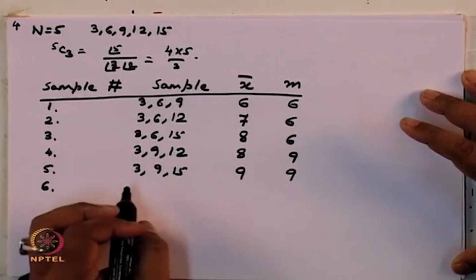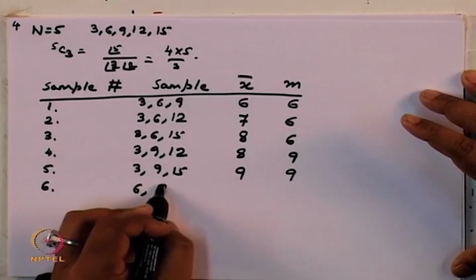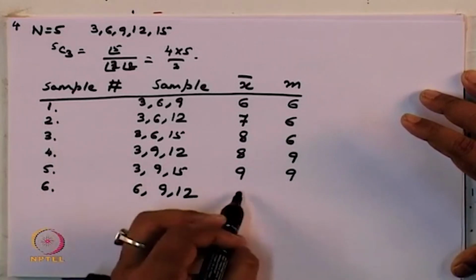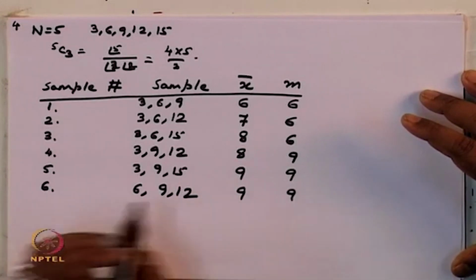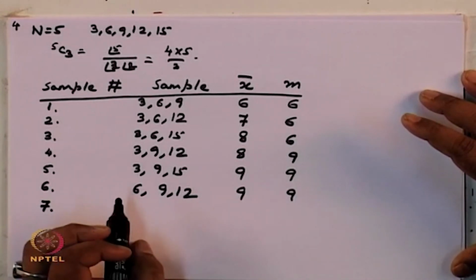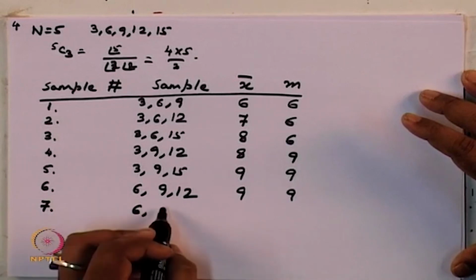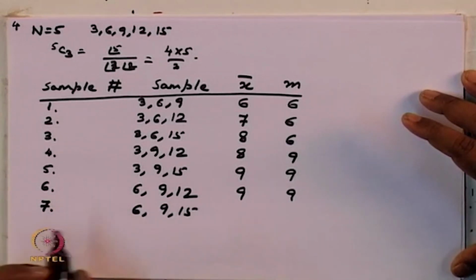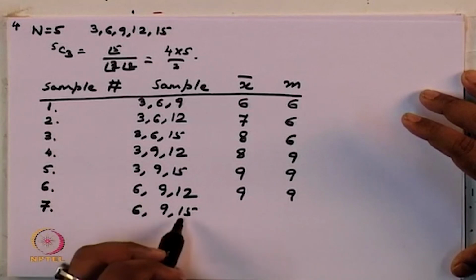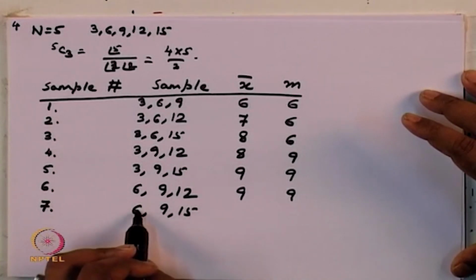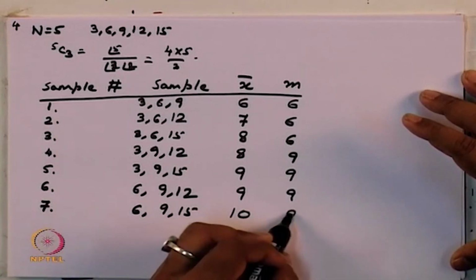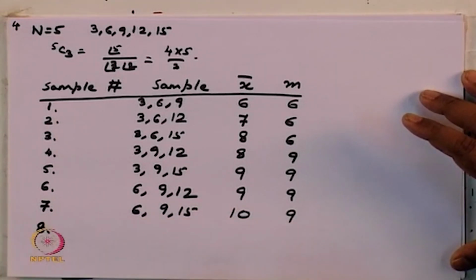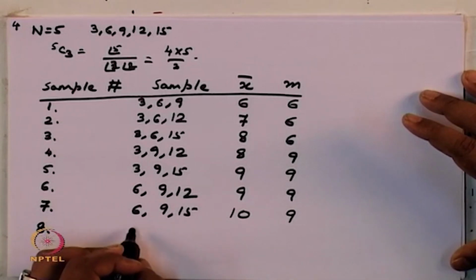So, then I can do 6, 9, 12. So, 20. So, mean is 9, median is 9. 6, 9, 15. So, that would mean 15 and 30. So, x bar is 10, median is 9.